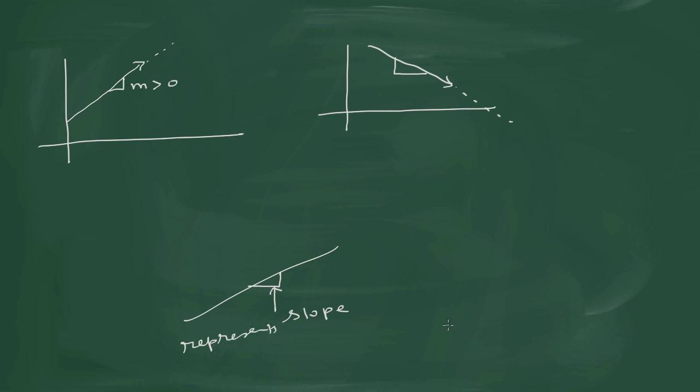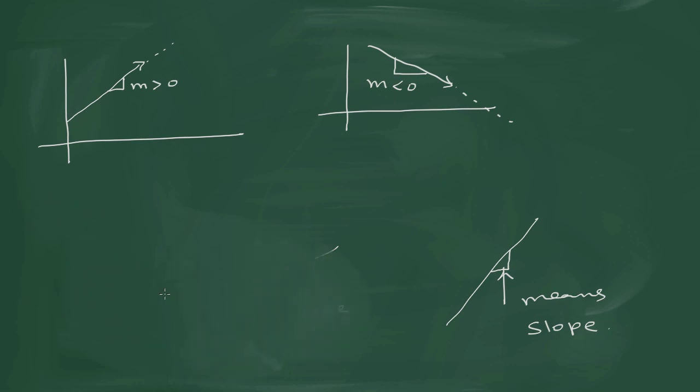Any line you draw, for that line you put a small triangle like this. If you put this triangle, it means slope. So we say that you put a triangle like this and say m greater than 0. M is slope, and therefore whenever the straight line is facing down like this, then you say that the slope is negative.